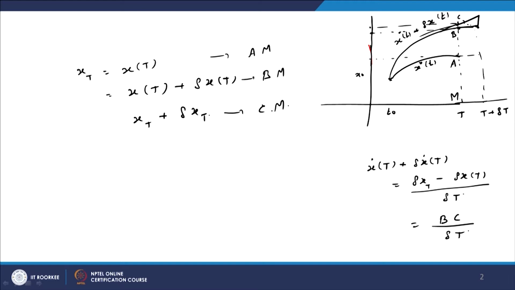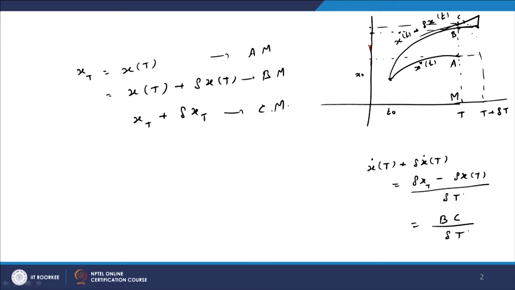The final position of the x plus delta x function is here. So, C is nothing but x suffix T and its increment del x suffix T is given by this one.